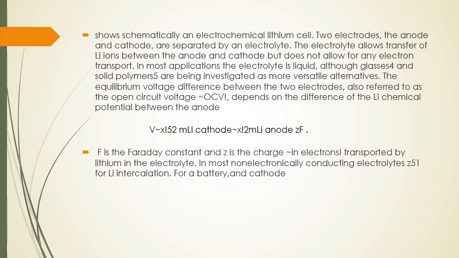The equilibrium voltage difference between the two electrodes, also referred to as the open circuit voltage (OCV), depends on the difference of the lithium chemical potential between the anode and cathode. The formula is V = (μ_Li cathode - μ_Li anode)/ZF, where F is the Faraday constant and Z is the charge in electrons transported by lithium through the electrolyte.